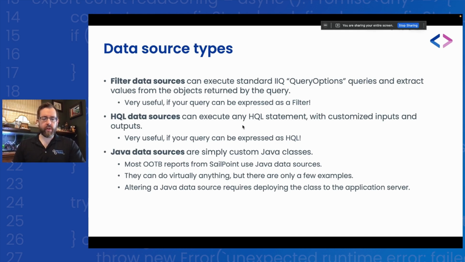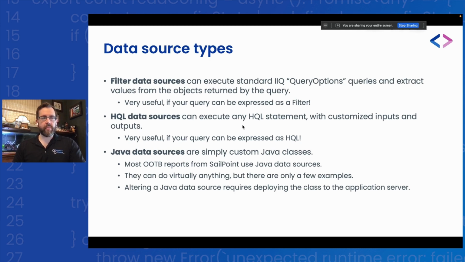Java data sources are just Java classes. They extend a particular interface. They are extremely flexible. They can potentially be much more efficient than all of the other data source types because you're doing everything in compiled code. But the downside is that when you change your Java class, you need to deploy it to the app server. It needs to be accessible in the base class loader for IIQ.